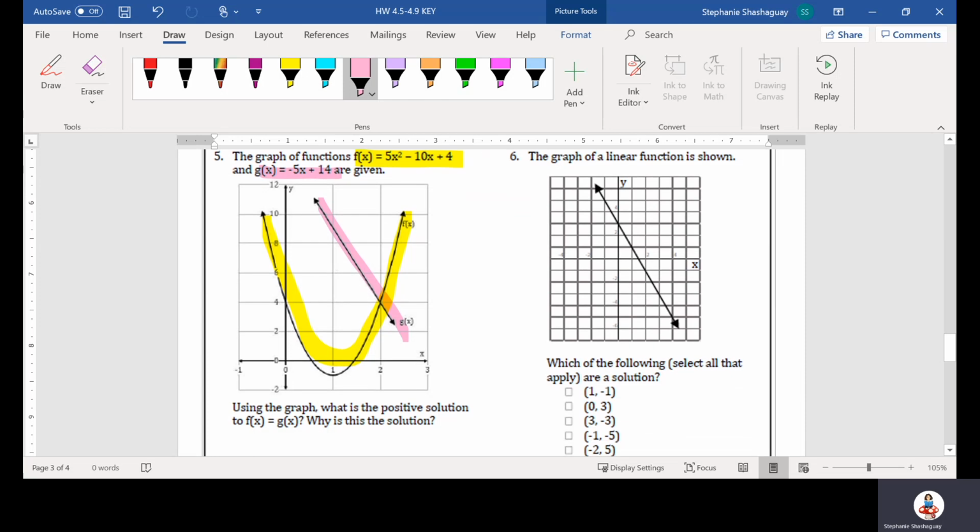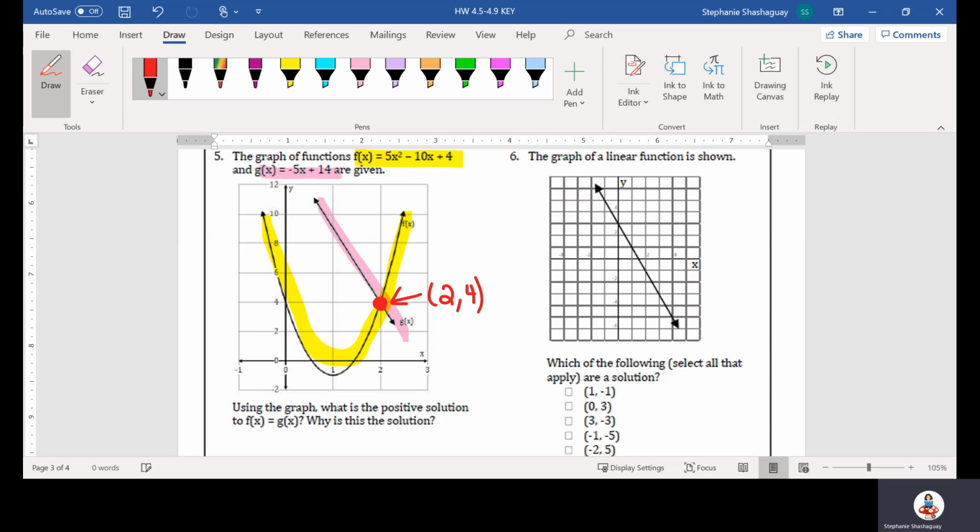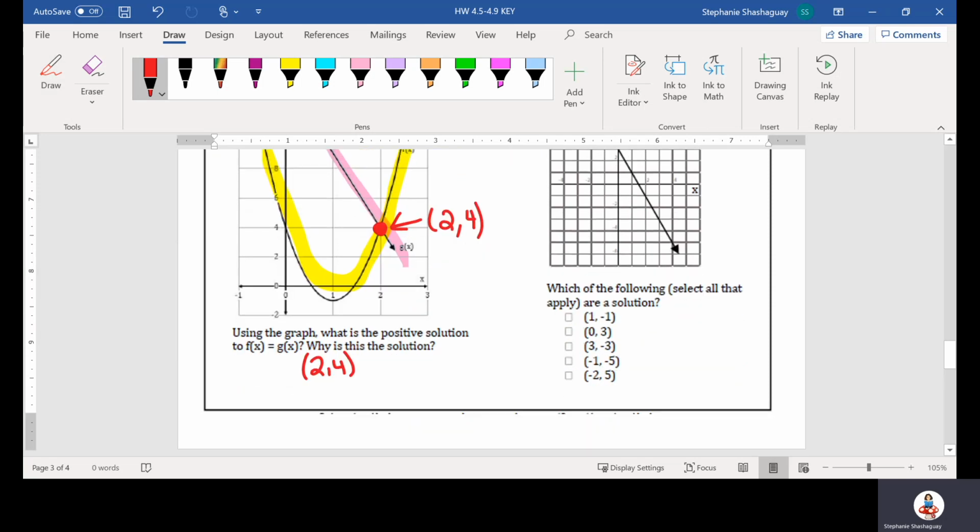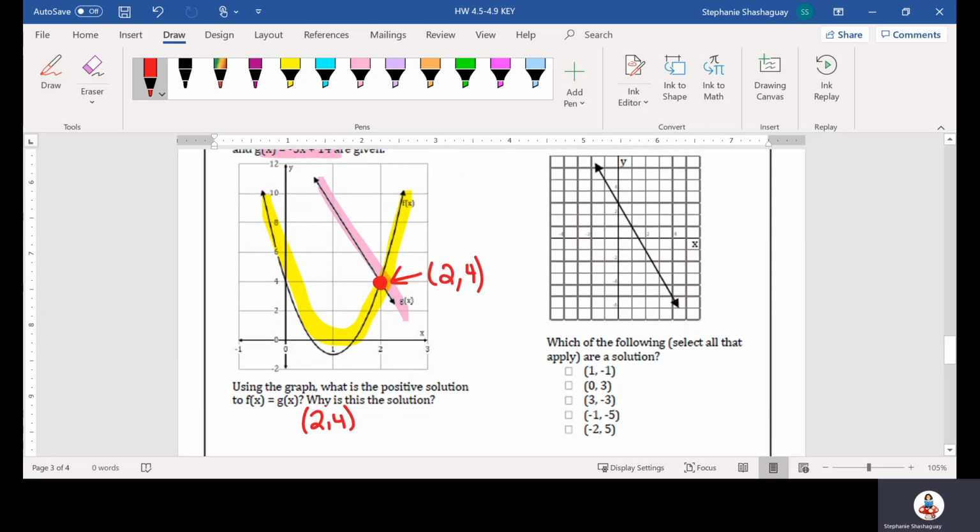Using the graph, what is the positive solution to f of x equals g of x? Why is this the solution? Well, the solution is always going to be when the 2 points intersect. This point right here has an x value of 2 and a y value of 4. So the solution would be 2, 4, because that's where the 2 graphs intersect, and where they intersect is the solution.